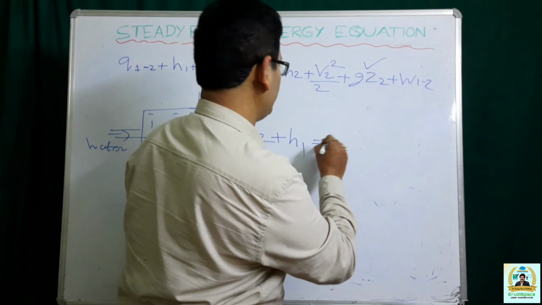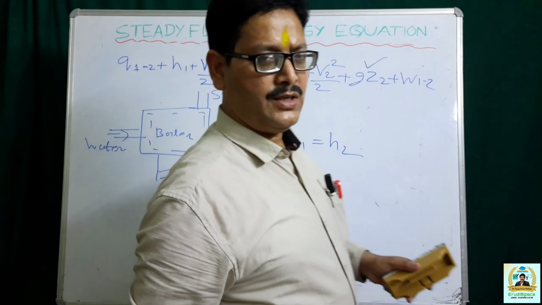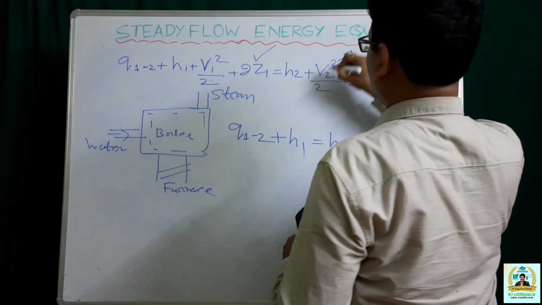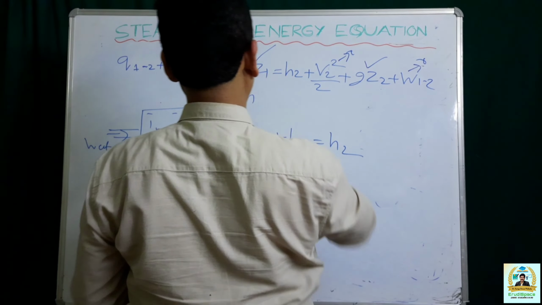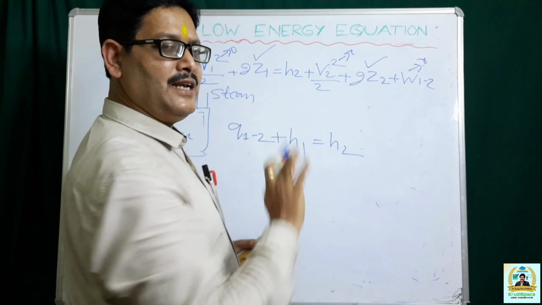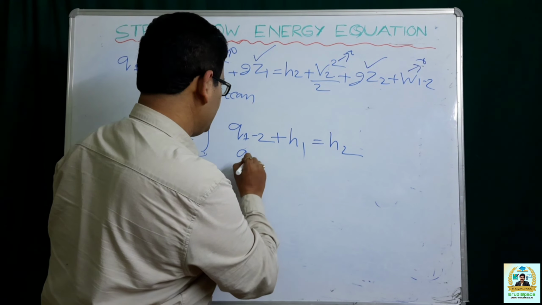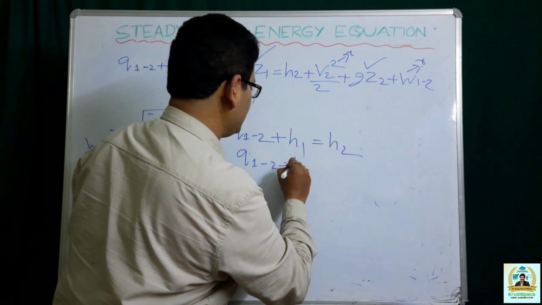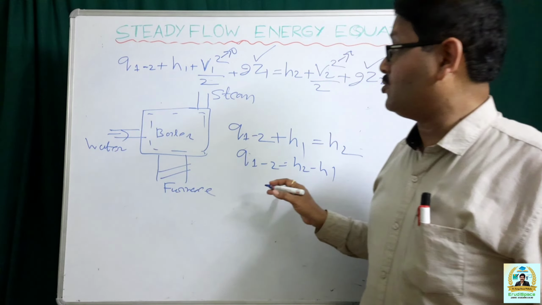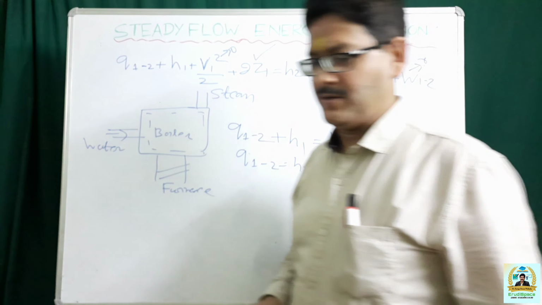The exit is H2. No work is done in the boiler, so this will become 0. We have considered this to be 0, this to be 0, and the potential energy at the left hand side will cancel out the potential energy at the right hand side. Now you get Q12 as H2 minus H1. So this is what happens to the steady flow energy equation when it comes to the boiler.